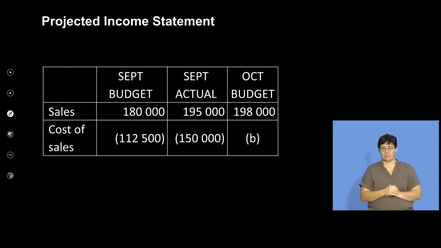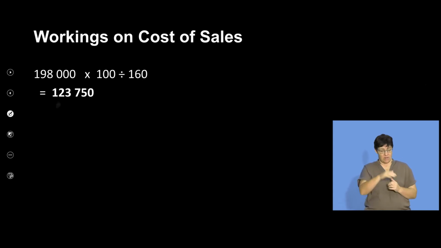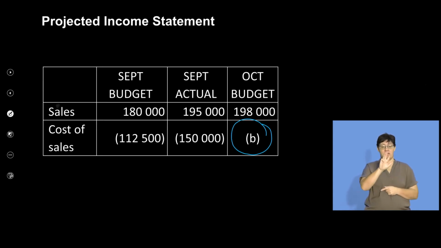Now they're telling us, here's my information, there's my sales, budgeted for September, actual for September, budgeted for October. You are expected to calculate the budgeted figure for October, but you are expected to calculate the cost of sales. Okay, what do we do here? Immediately we know that you take your sales figure, which is 198,000.